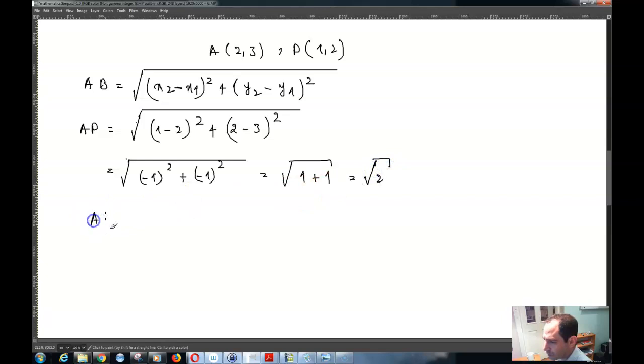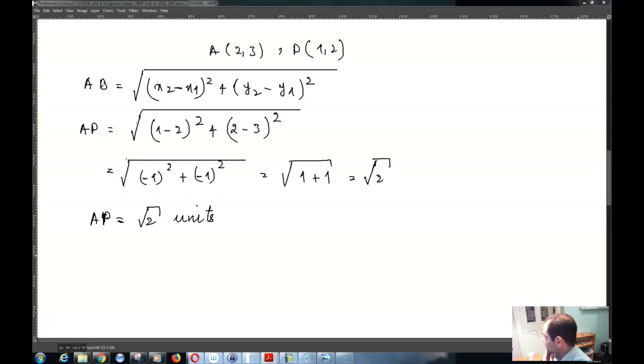So the length of AP is the square root of 2 units. And that is the length of the altitude, which is question number 17: square root of 2.